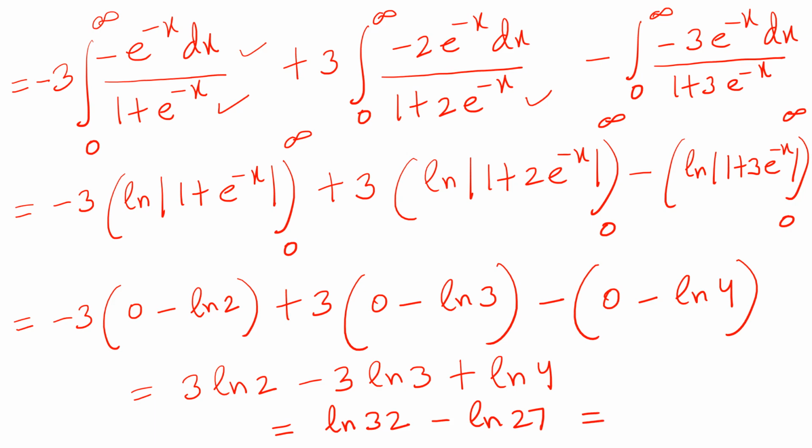So again, by using the law of logarithm, that is log a minus log b equals log of a upon b, this finally becomes equal to ln 32 upon 27. So this is the final answer of this question, and hence option B is the correct one.